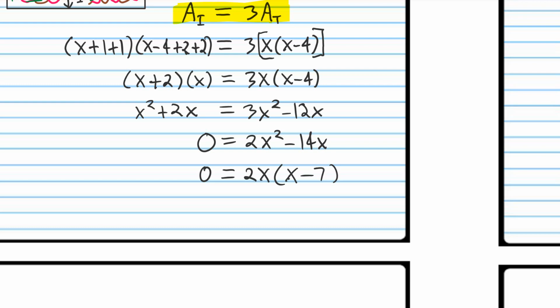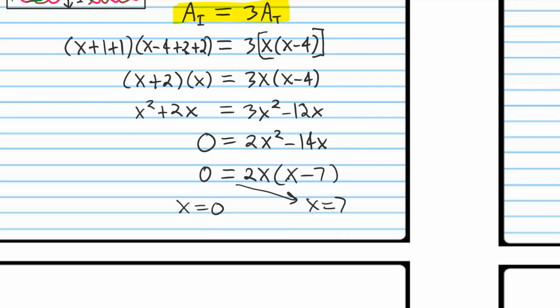So now we see the solutions. One of the solutions is x equals 7. That's what this factor tells us. In fact, I'm going to write that on the other side. X equals 7, and this factor tells us that x can be 0.